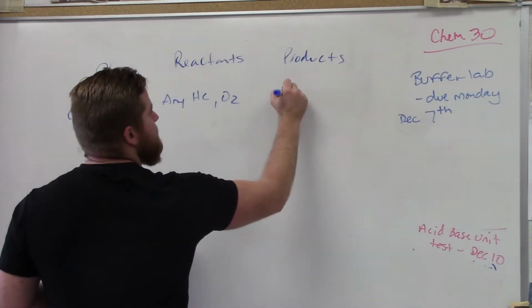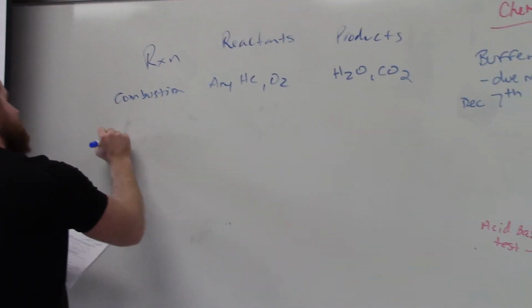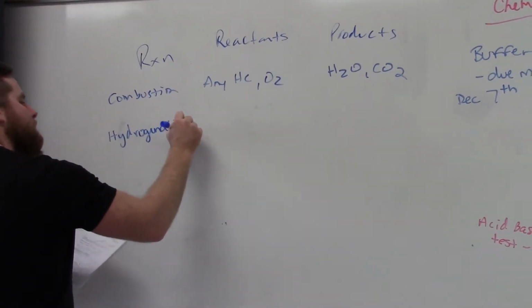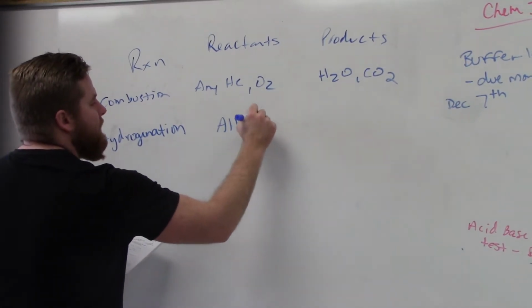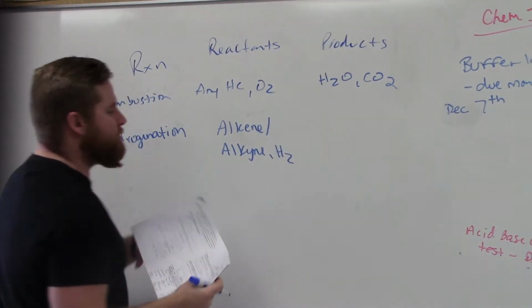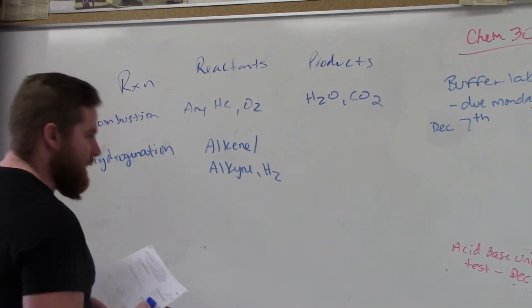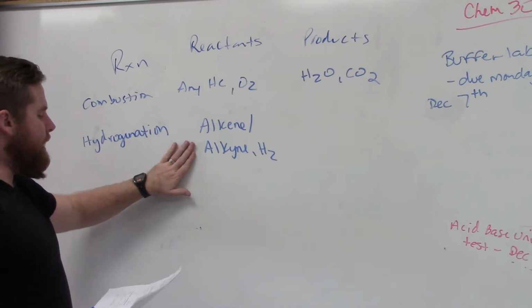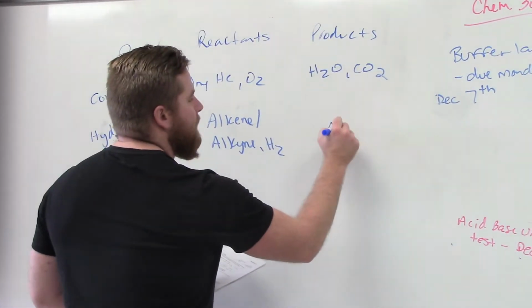And if it's complete combustion, H2O and CO2 are the products. In hydrogenation, you'll have an alkene or an alkyne, and I'm going to take the double and triple bonds and break those up into single bonds. Right? I'm going to add hydrogen to the alkene or the alkyne and turn unsaturated hydrocarbons into saturated hydrocarbons. So I get an alkane from that.